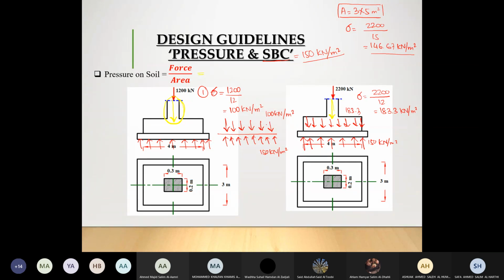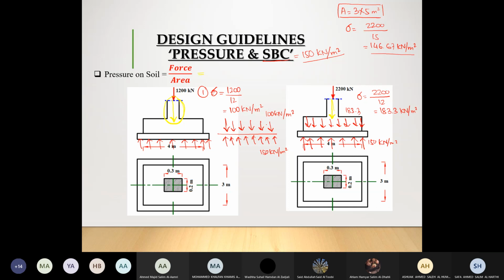So one of the most important checks when it comes to foundation design is checking the ground pressure. We have mentioned already that we are going to check for bending, one-way shear, and two-way shear, but the most important thing you need to check is ground pressure, and whether the soil can take it from the beginning or not.